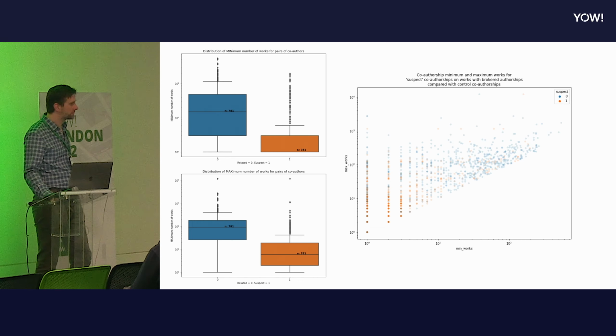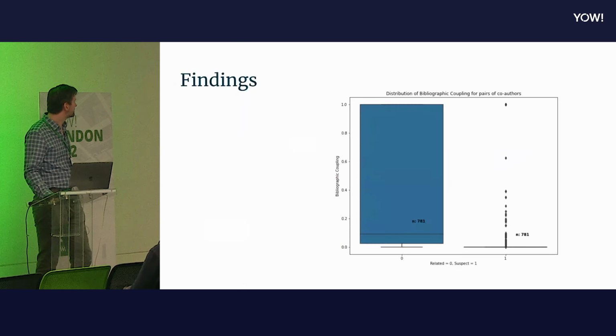So there's really two quite simple metrics that you can use, and already you're starting to see differences in the groups. That bibliographic coupling metric, huge difference again. This actually autocorrelates with that min works metric, so it's not quite as stark as it looks here, but even if you take away that autocorrelation, you still have quite a good difference.